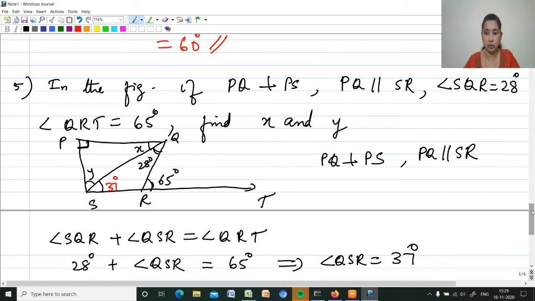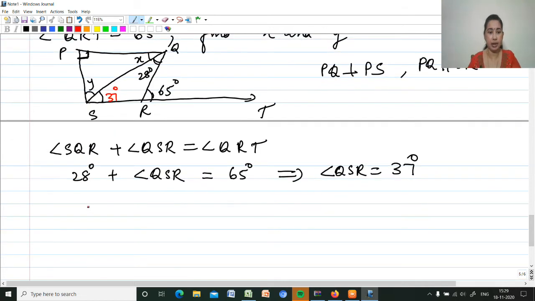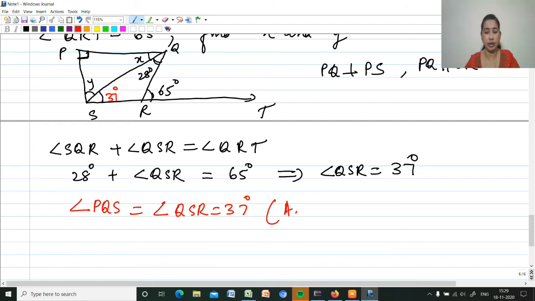Because those two are parallel lines, we can write angle PQS is equal to angle QSR is equal to 37 degrees, because of alternate interior angles.